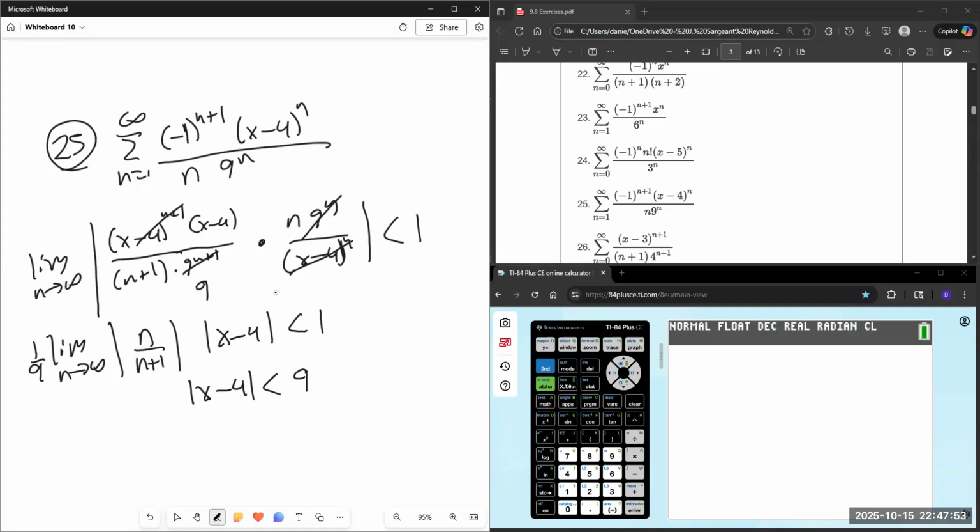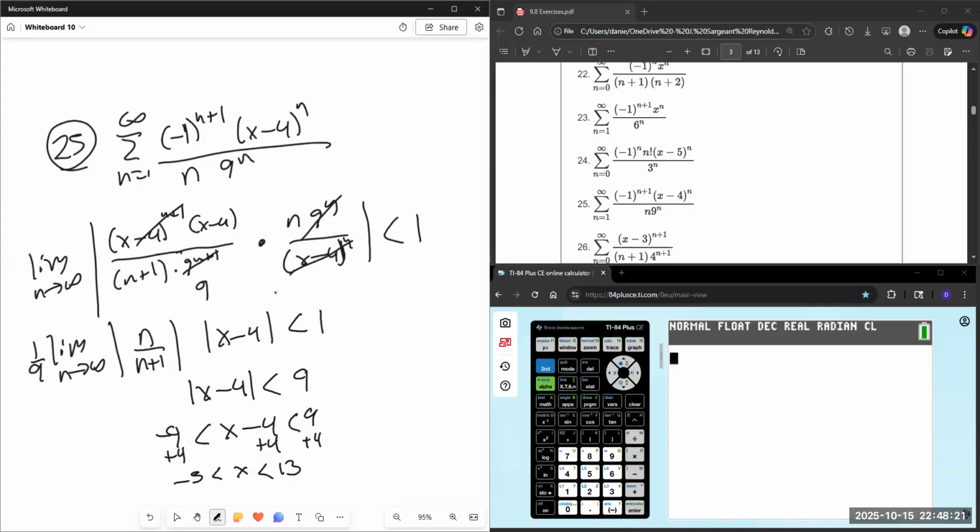When I multiply both sides by 9 to get rid of the 1/9, that means x minus 4 is between negative 9 and 9. Add 4 to everything. That gives me negative 5 less than x less than 13. I want to check this, starting with the negative side here.